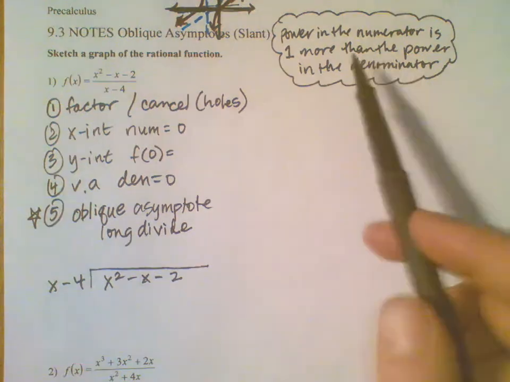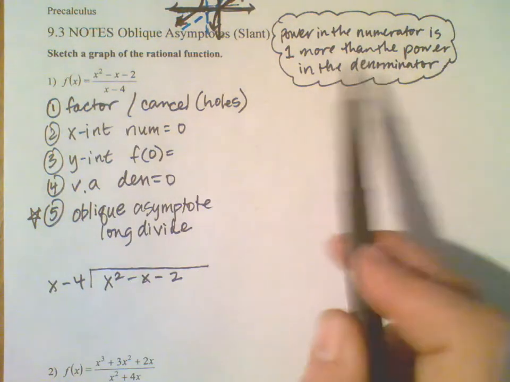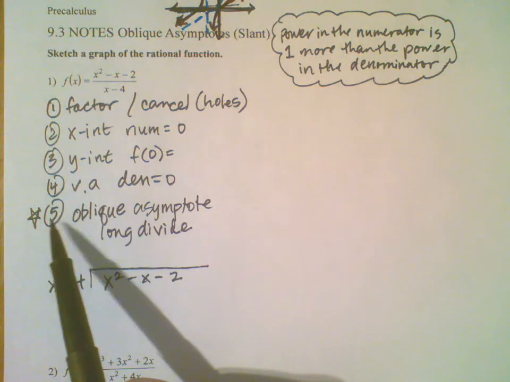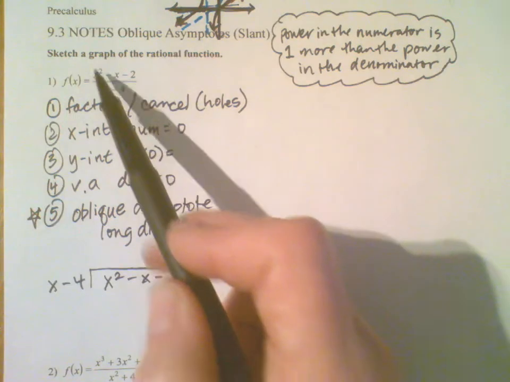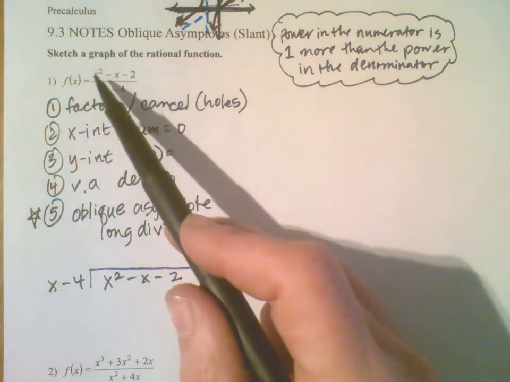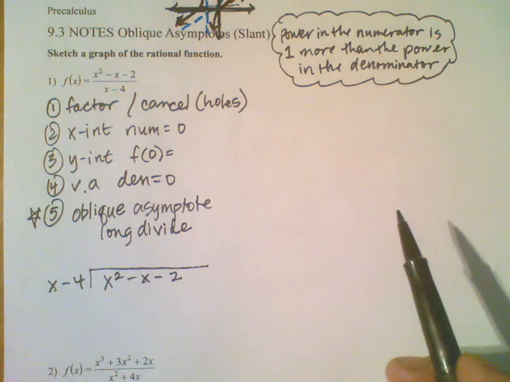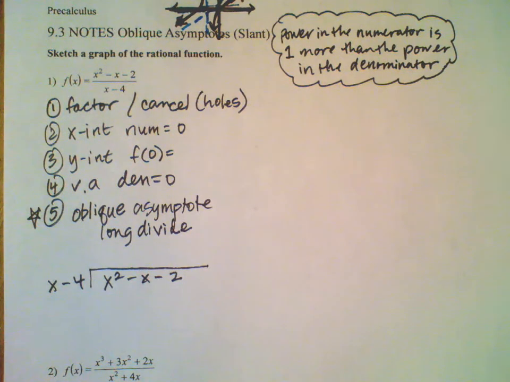And again, if you get here and you forget that the power in the numerator is one more than the power in the denominator, you're going to find the issue when you start to take your limit as x approaches infinity, because this ends up being top heavy and you'll end up with a limit that approaches infinity. That makes for no horizontal asymptote.